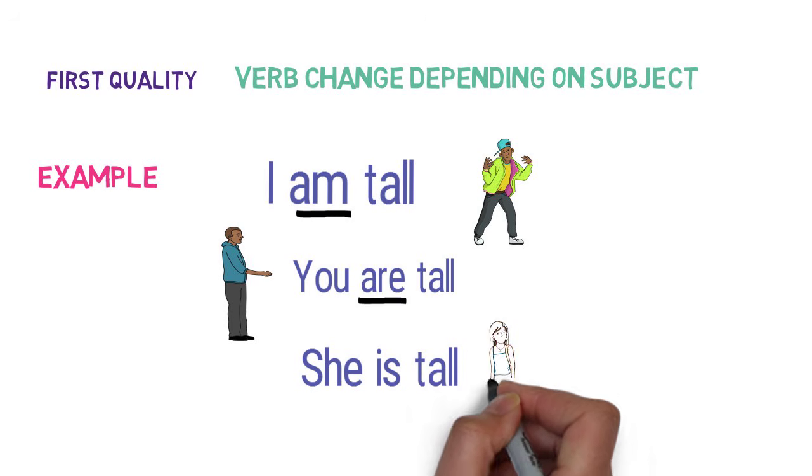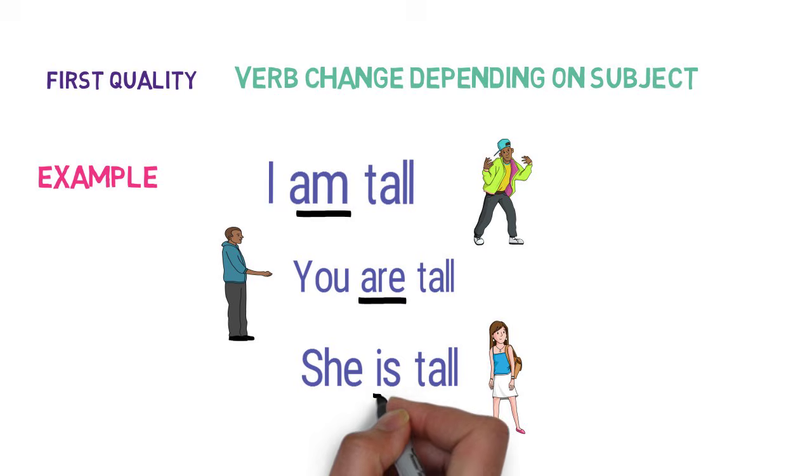Here, while referring to the third person, we used is as a verb, but here also tall remains the same. So from this example, you can see am becomes are and are becomes is by going from first person to second person to third person.